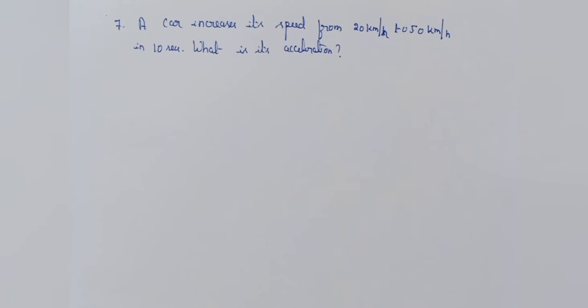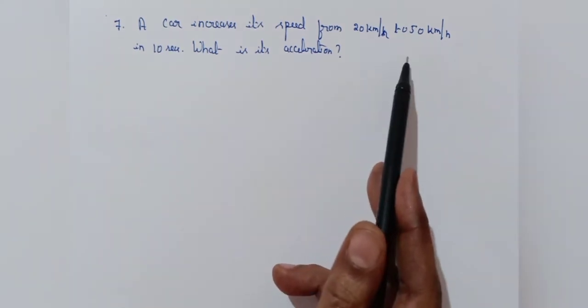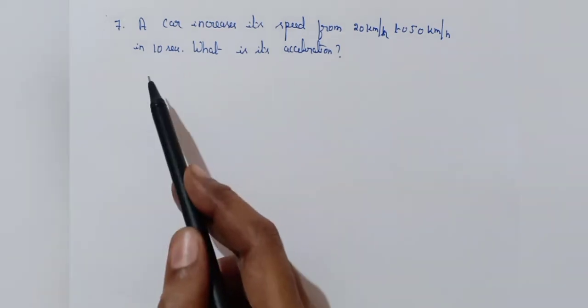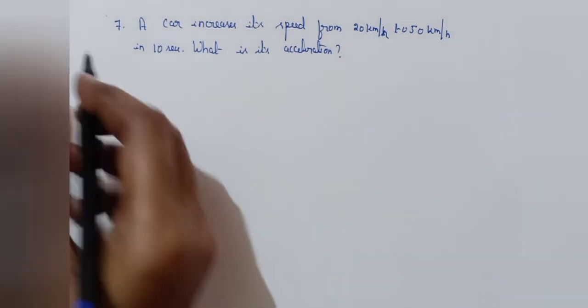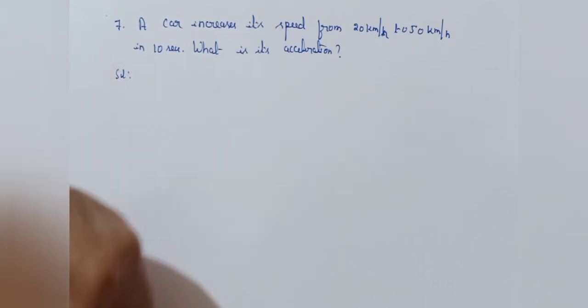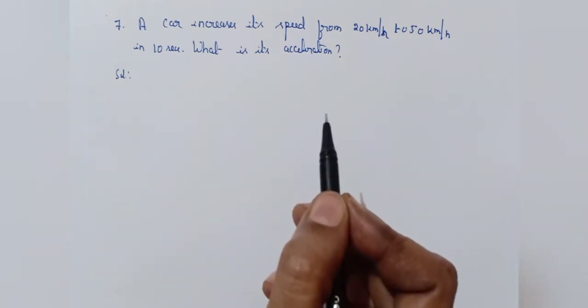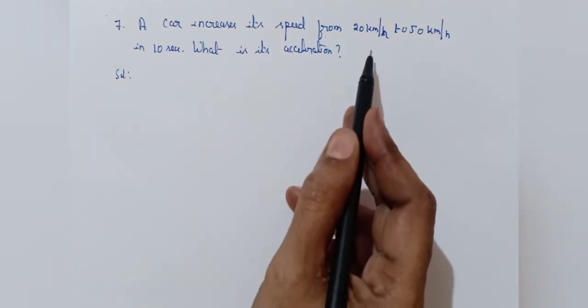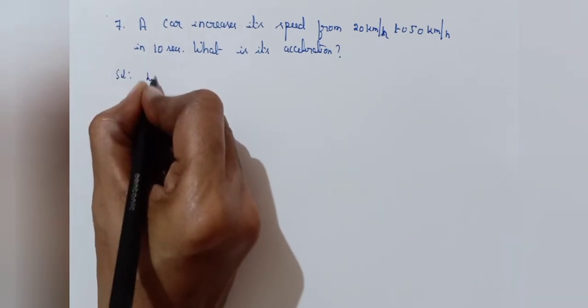Next problem. A car increases its speed from 20 km per hour to 50 km per hour in 10 seconds. What is its acceleration? Here the speed is given. The car increases its speed from 20 km per hour, it means the initial speed is u.